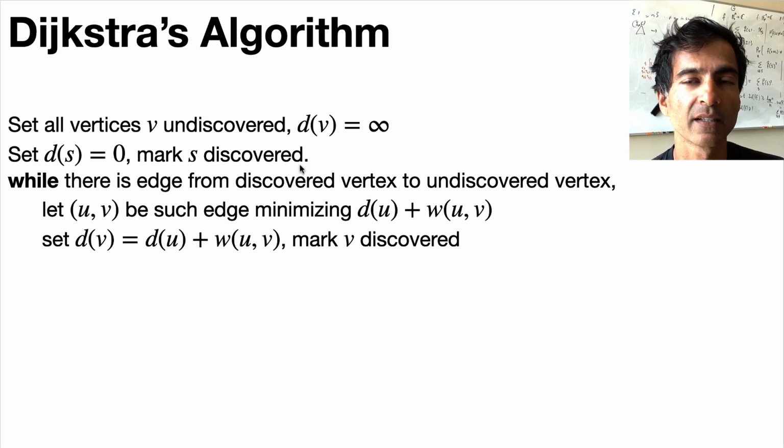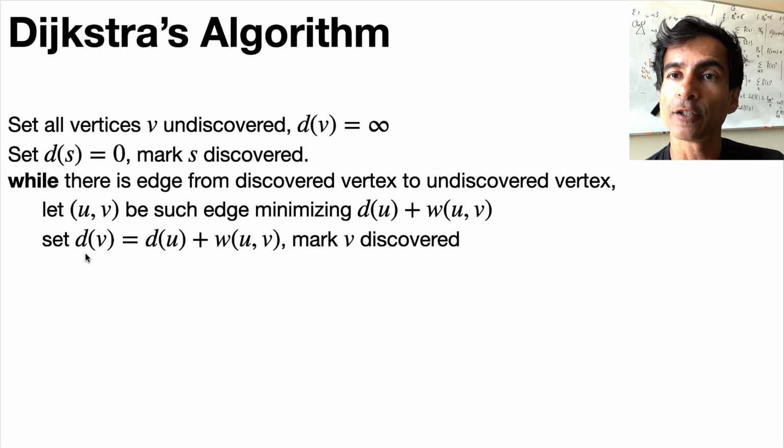And then in every step, while there's an edge that goes from a discovered vertex to an undiscovered vertex, you pick uv to be such an edge that minimizes the quantity d_u plus w_uv. And then you set the value of d_v to be d_u plus w_uv and mark v as discovered.